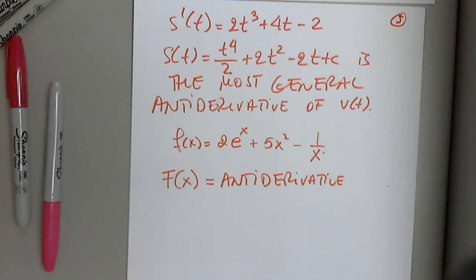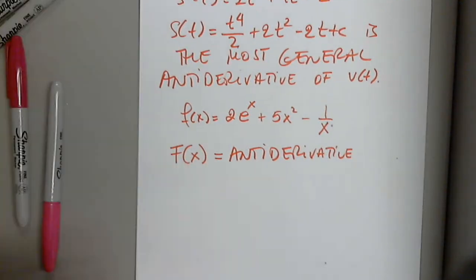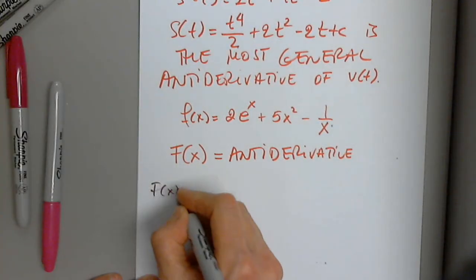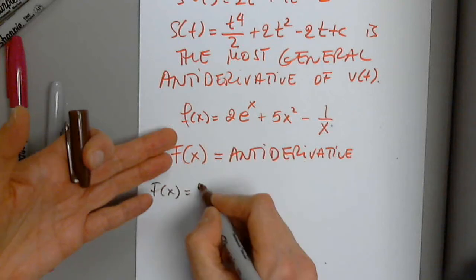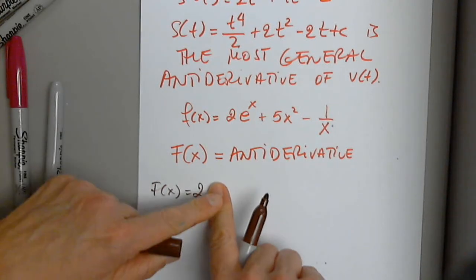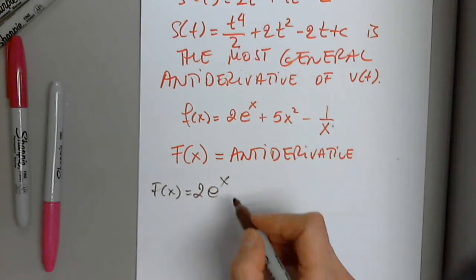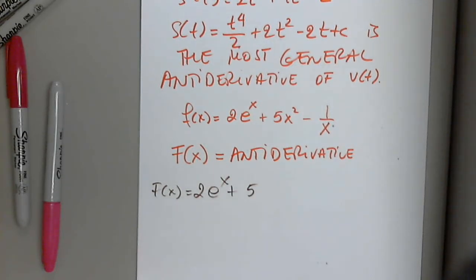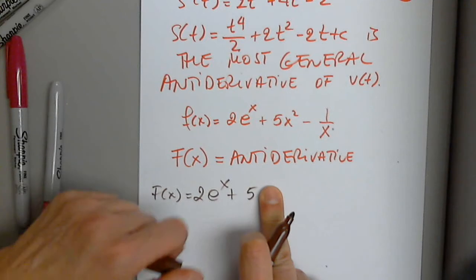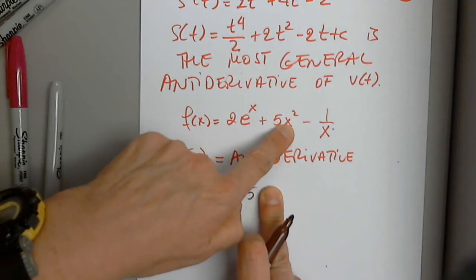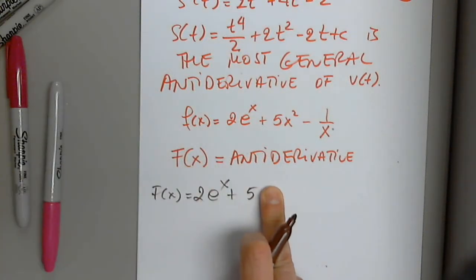Ready? So my question now is, 2 is 2. What function prime is e to the x? E to the x. Good, awesome. Plus 5 is outside. What function prime is x squared? X to the third. Over? Yes.